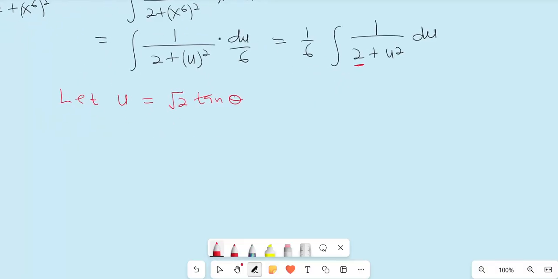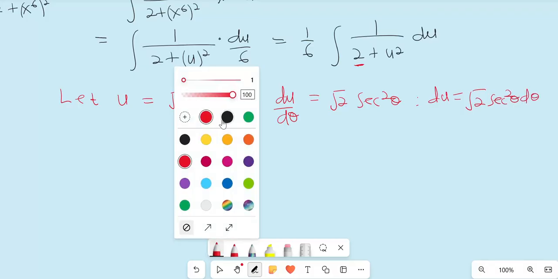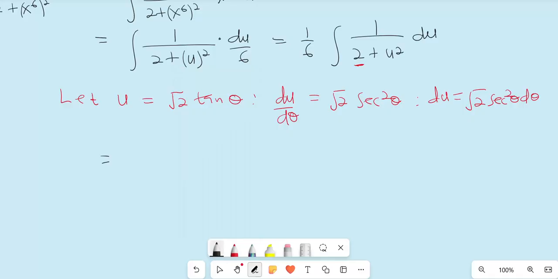Now let's take our integral. So let's find du. du d theta is equal to square root of 2 secant square theta. du is equal to square root of 2 secant square theta d theta. Now our integral in the u world, which is 1 over 6 integral of 1 over 2 plus u squared du, is equal to 1/6 integral of 1 over 2 plus u squared.